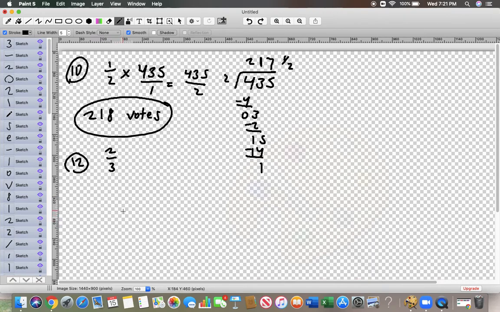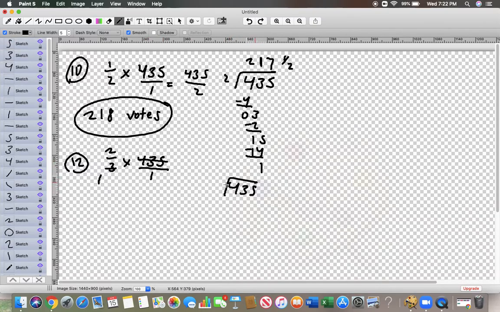Two-thirds of the 435 of the representatives. So what would 2/3 of, or multiplied by 435 be? Let's see. Is 435 divisible by 3? Can we cross cancel? 4 plus 3 plus 5, that's 12. Is 12 divisible by 3? Yes, it is. So we can cross cancel. What's 435 divided by 3?